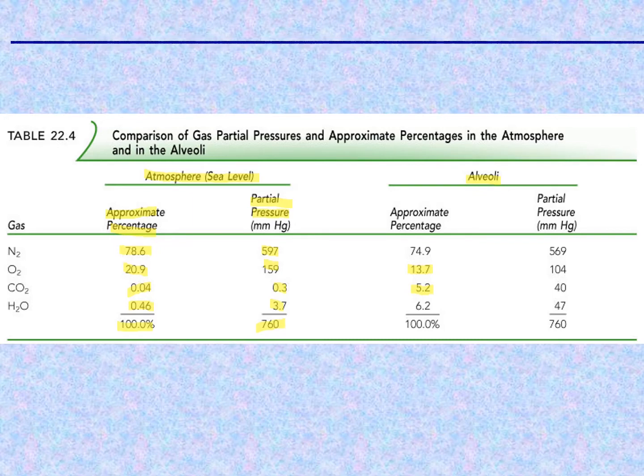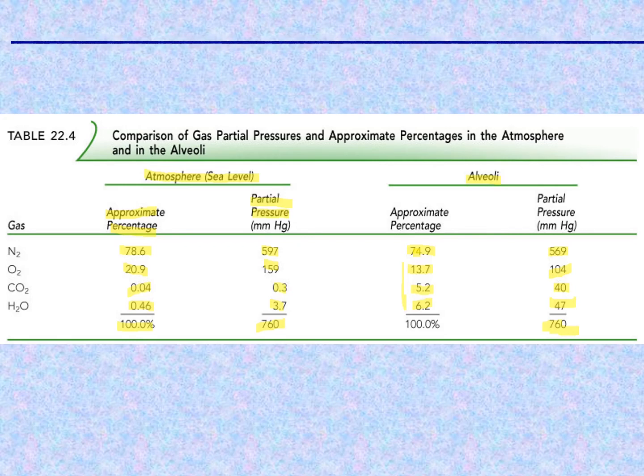And the approximate percentage of water as a gas is higher because it's a more humidified environment. And the balance is 74.9%, slightly lower because these other ones are higher. And so that's nitrogen, and it comes out as partial pressures adding up to 760 of these values.